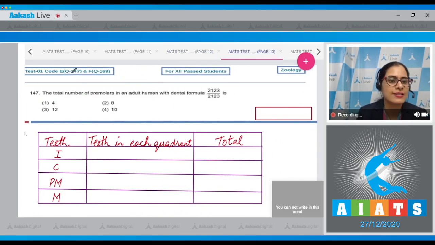Question number 147. The total number of premolars in an adult human with dental formula 2123, 2123 is, and the options given are 4, 8, 12 and 10.